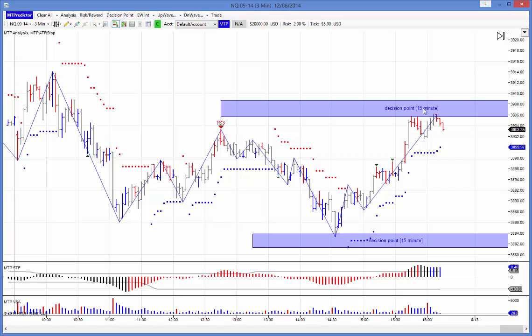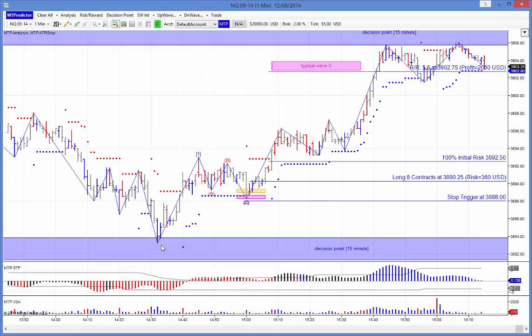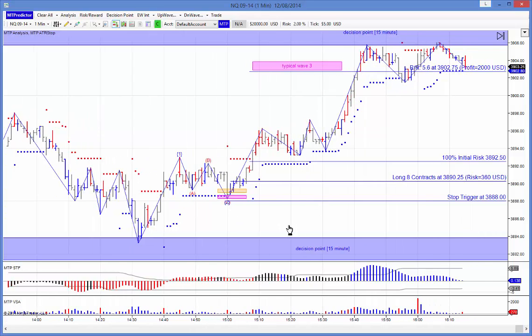We then used the next 15-minute DP as a potential target for a potential rally. Then after that we aggressively looked to see whether after the main low came in, whether we'd get a Holy Grail trade setup, which is the major low, initial rally, initial correction subdividing into an ABC for a wave 2. We then look for the typical wave 3 WPT as our target, and as you can see that's exactly what unfolded.